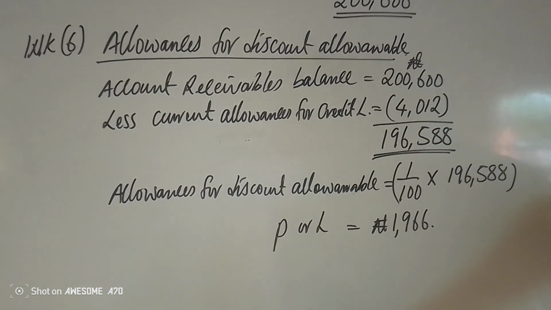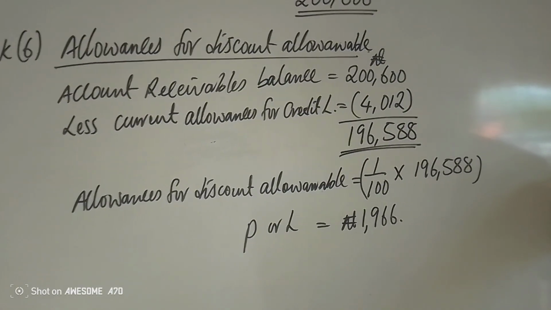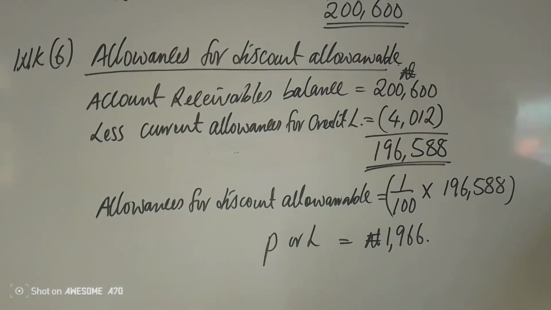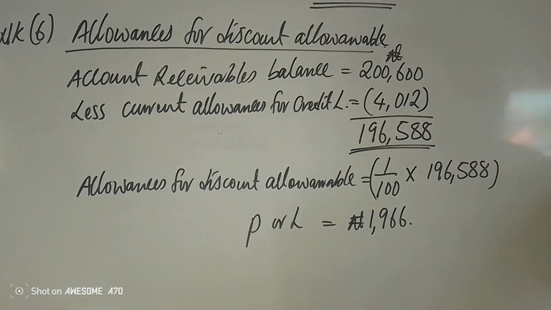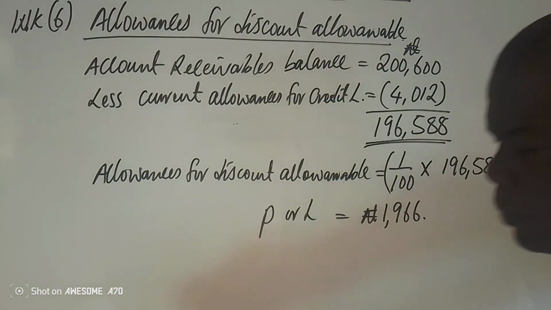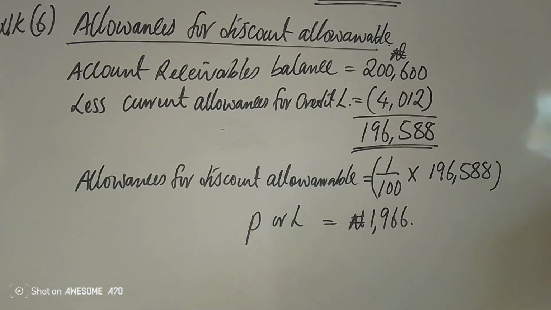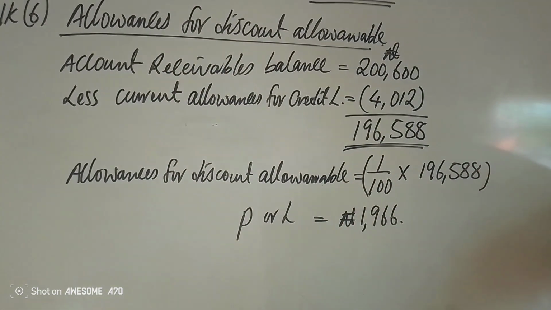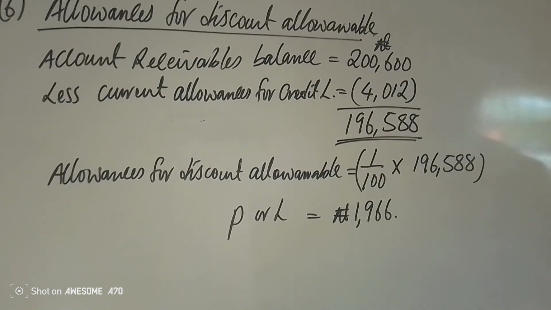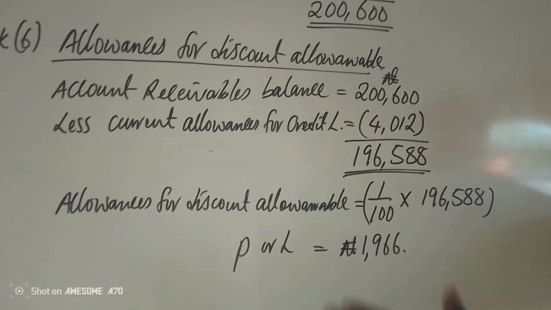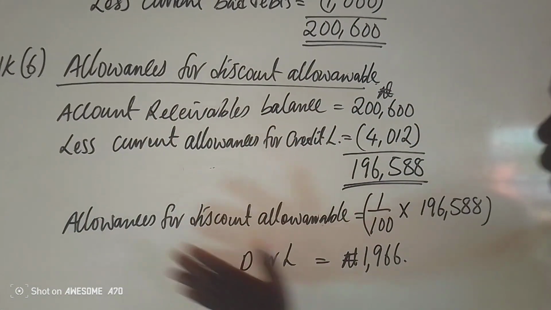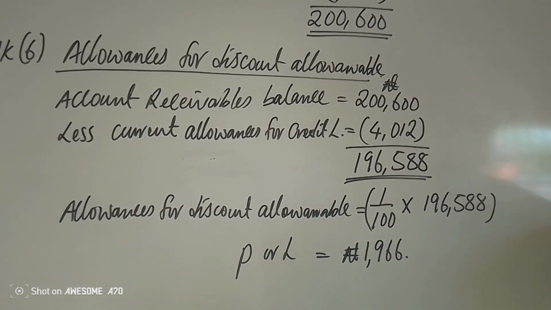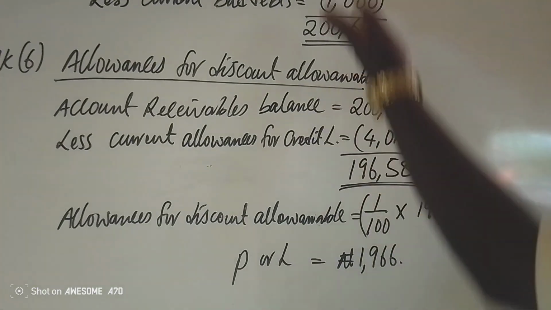But how do you work it out? Before you work allowances for discount allowed, first, you must work on the balance that remains from debtors after deducting bad debt, after deducting the current year allowances for expected losses. It is the balance that remains that you use to calculate the percentage of allowances for discount allowable. That is why before you work the 1% of account receivable, you must first deduct bad debts, which is already deducted here.